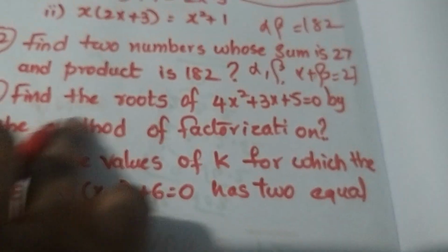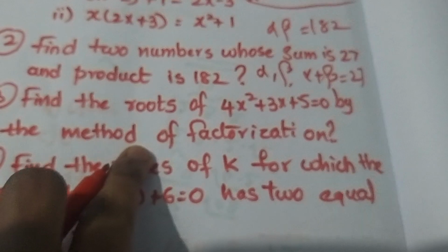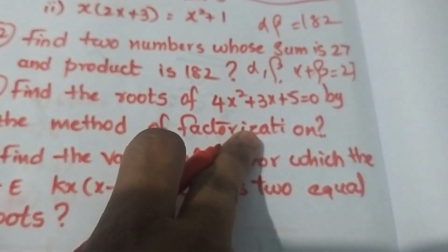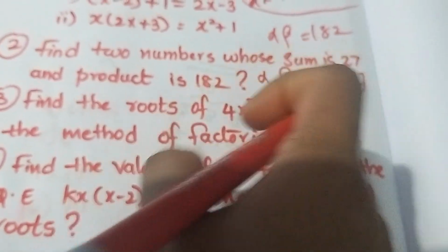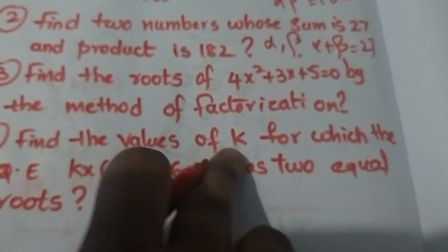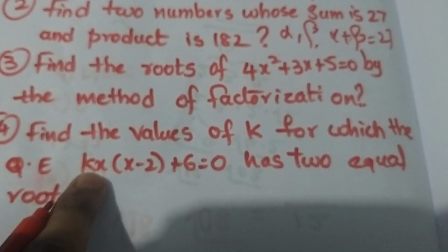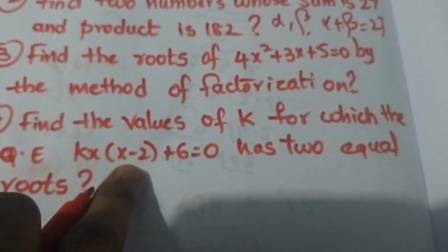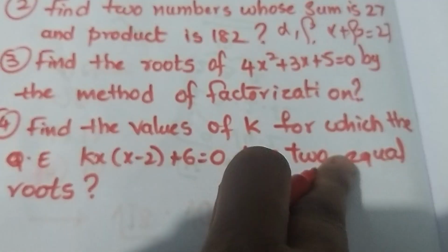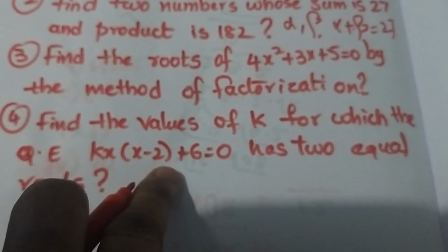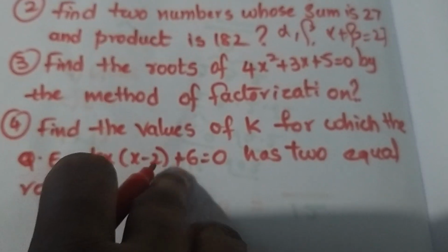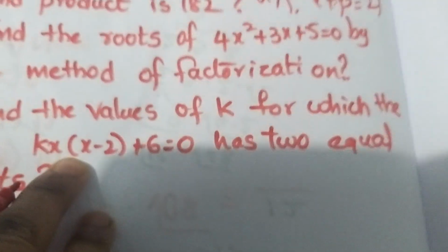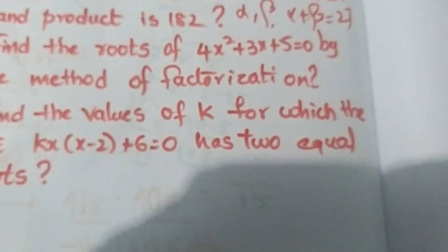Find the roots by the method of factorization. You know the factorization: split this 3x into two terms and take out the common term. Find the values of k for which the quadratic equation kx into x minus 2 plus 6 equal to 0 has two equal roots. So we have to express it as a quadratic equation first and find the k value.